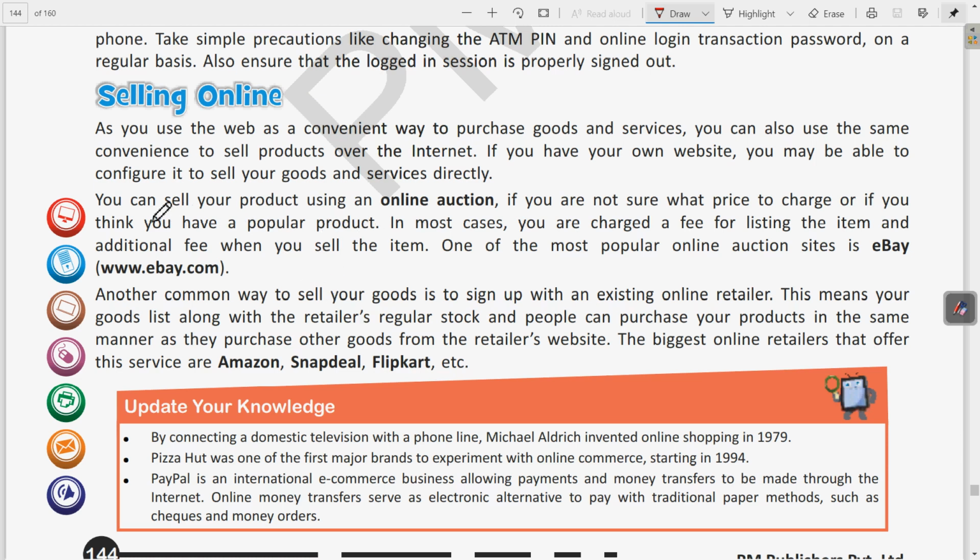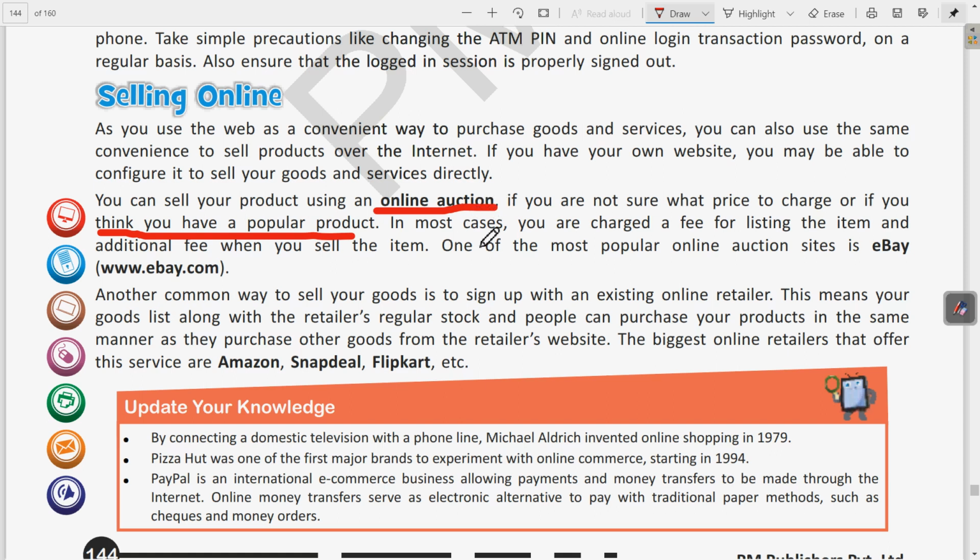So there, when you sell your product in the online auction, if you're not sure what price or charge, or if you think you have a popular product, so when we have some items of which we cannot predict the price, or there is an antique item which is very rare and popular, for those things we can opt for the online auction option, where we can list the product on any platform, and the persons who are willing will bid, and we can choose the largest bidder to sell the product to.